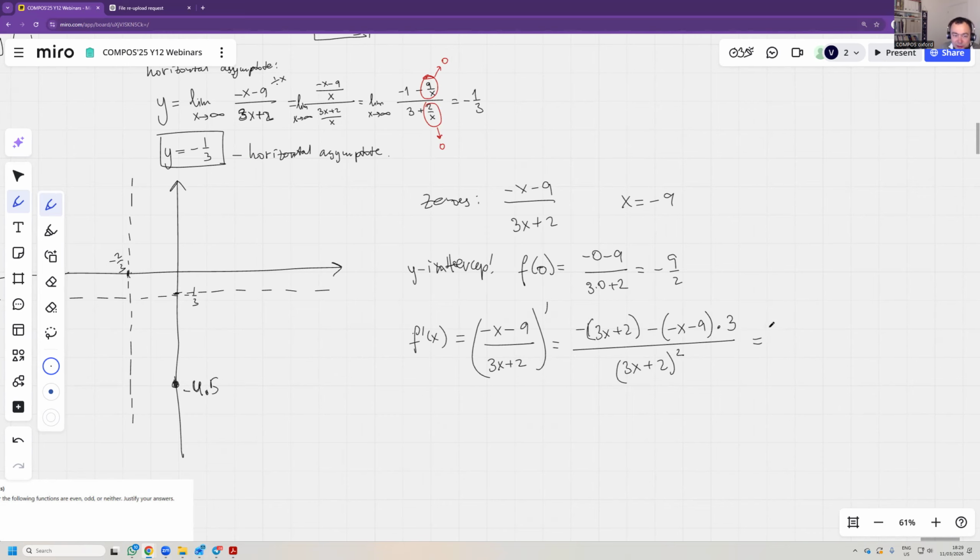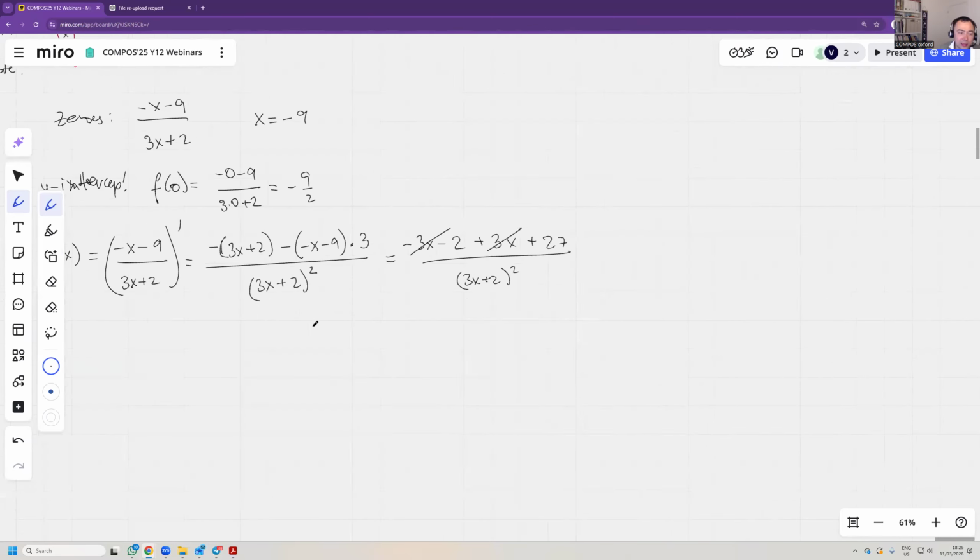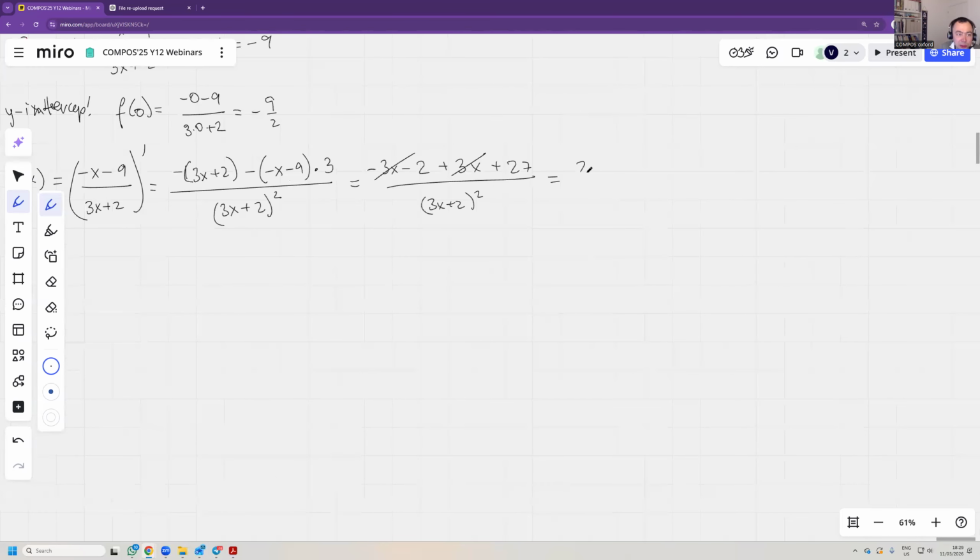If you simplify that, minus 3x minus 2 plus 3x plus 27, the 3x cancels. And we get 25 over 3x plus 2 squared.